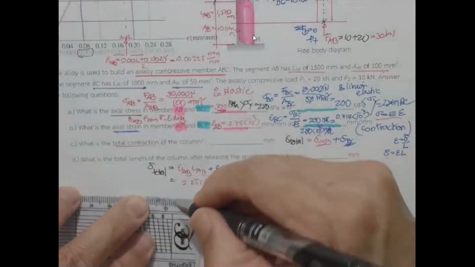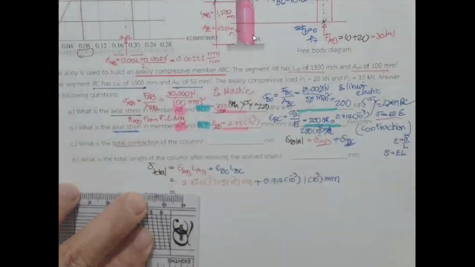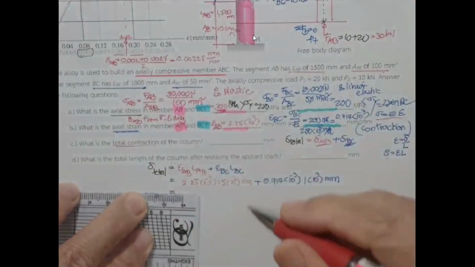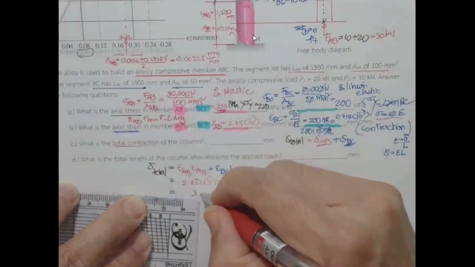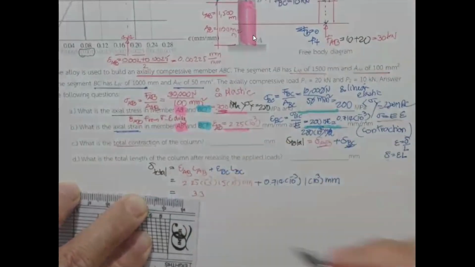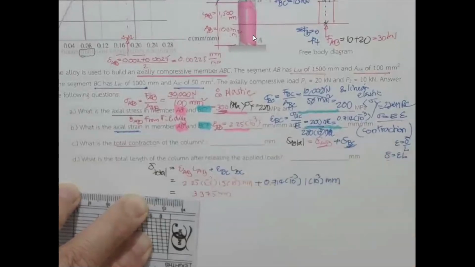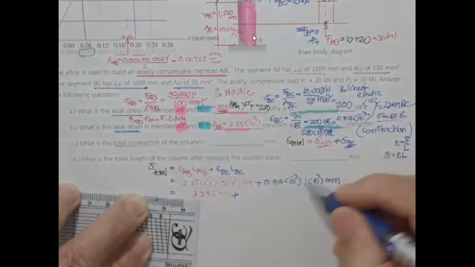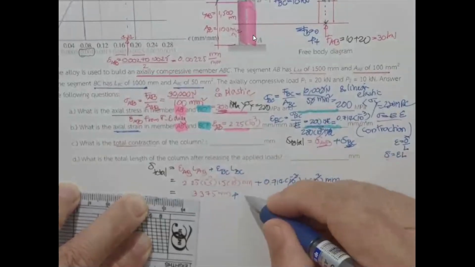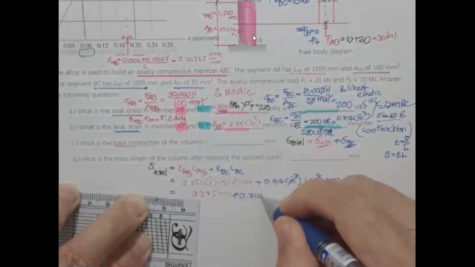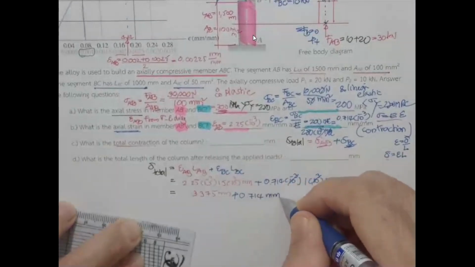You should get the first one to be 3.375 millimeter, plus 0.714 millimeter.